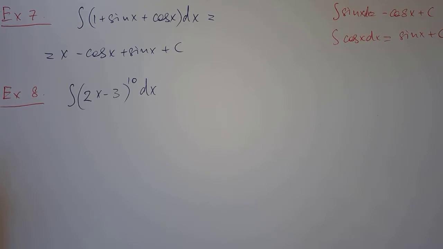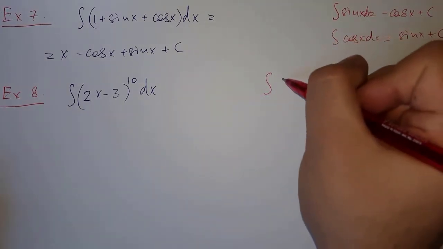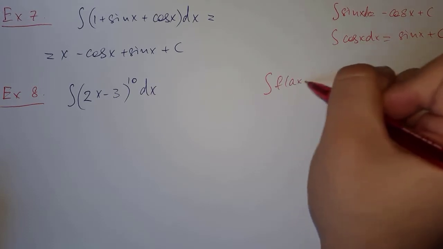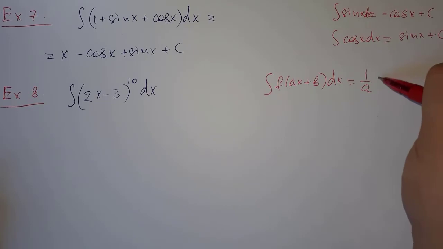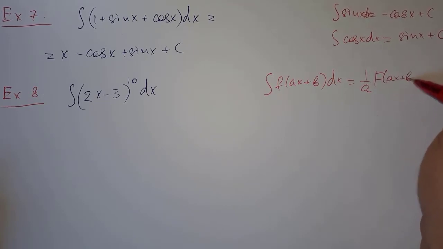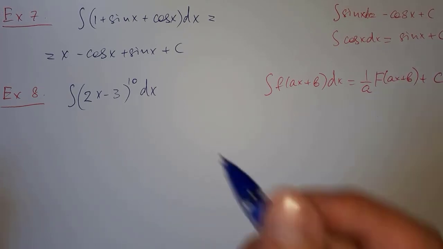So now, let's recall this property. The integral of f(ax plus b) dx was 1 over a, F primitive, so F(ax plus b) plus c. So let's use this property now.